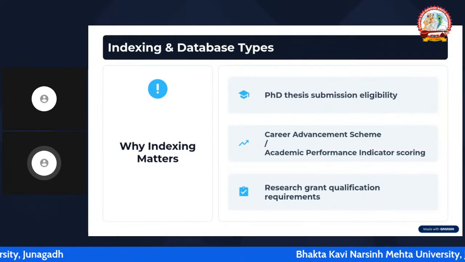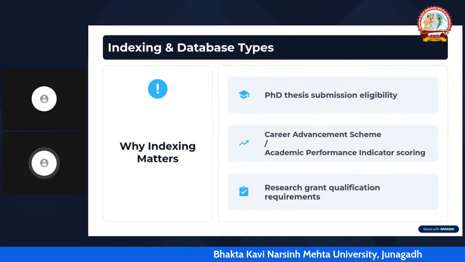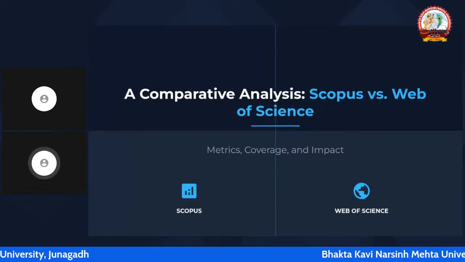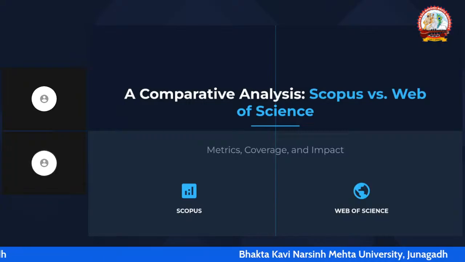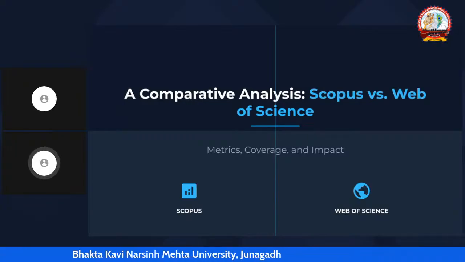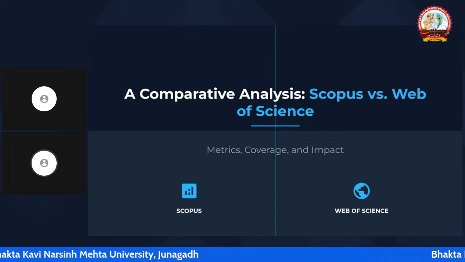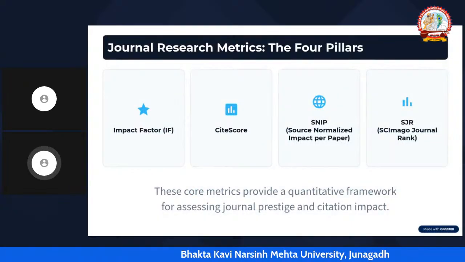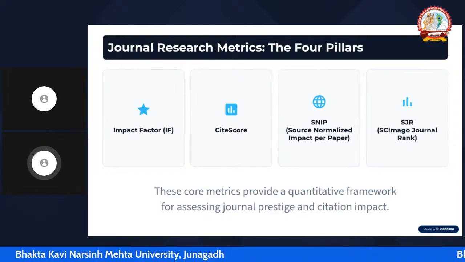In this segment, we are discussing why indexing matters, what the role of indexing is, and which kinds of databases are available with publications. In between, we are also making some measurable comparisons between two major data sets, Scopus as well as Web of Science. Next agenda, we are discussing the general research metrics.